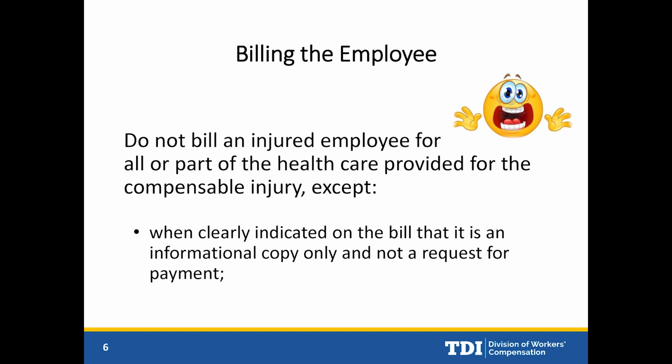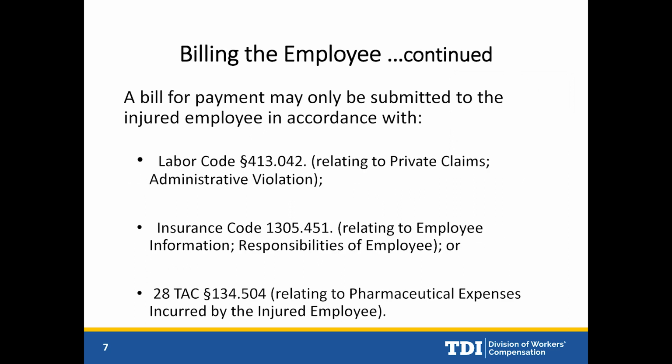The first thing we know is that you do not bill the injured employee unless you submit a medical bill to the injured employee that indicates that it is for information only. You are not requesting reimbursement for payment. There are some situations in which you can bill the injured employee, and that is in accordance with 413.042 of the Texas Labor Code, and that is about private claims.